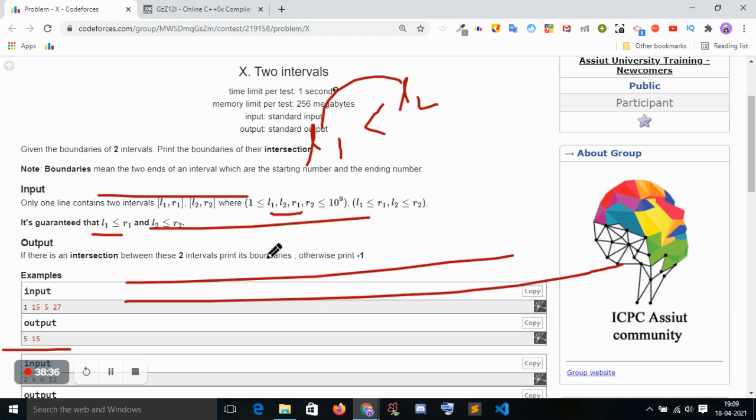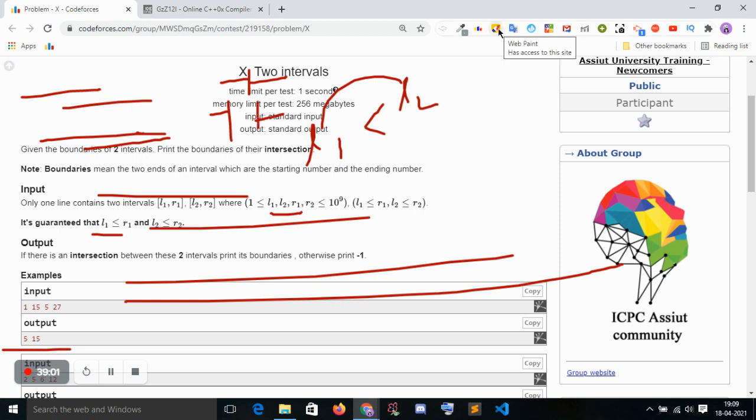So there are multiple conditions: the intervals overlap in different ways, or it is just a single point, in which case you print that point twice, like 3 3, or they are not intersecting at all.